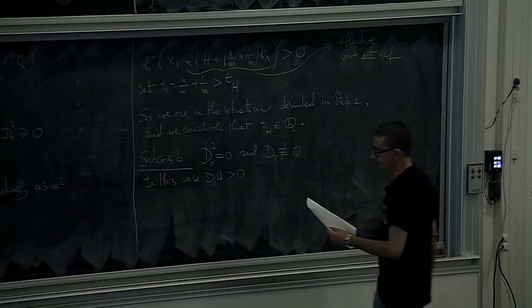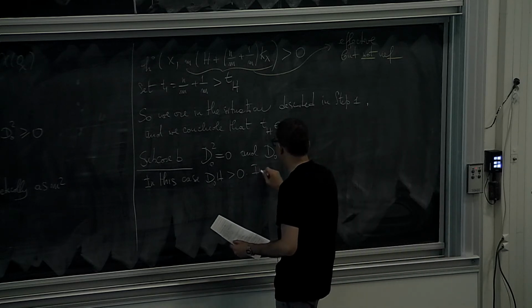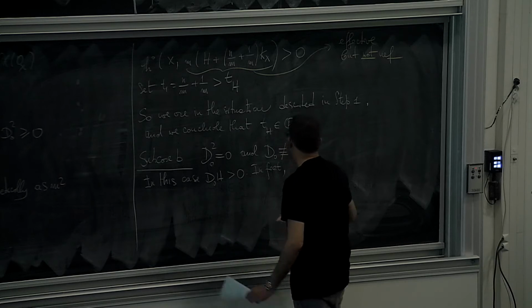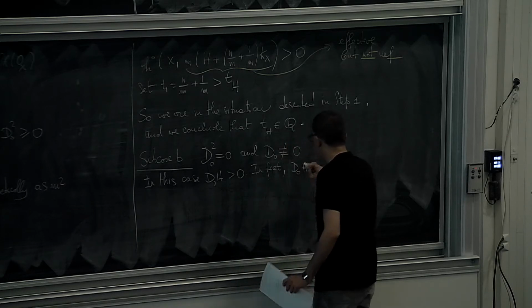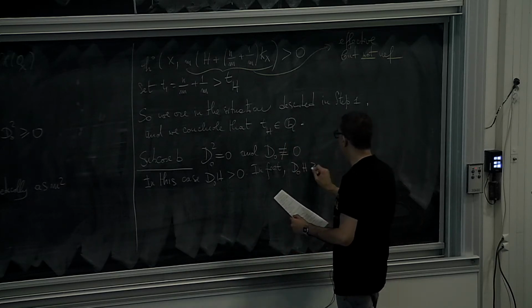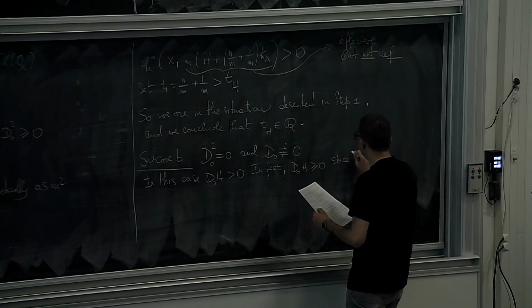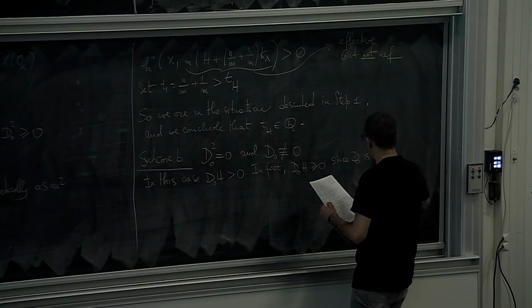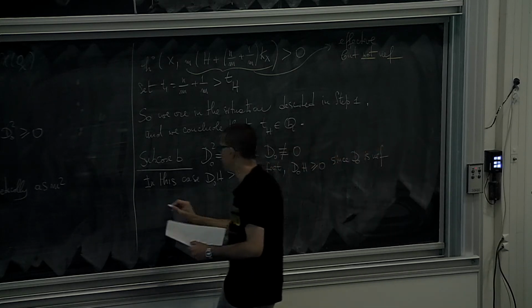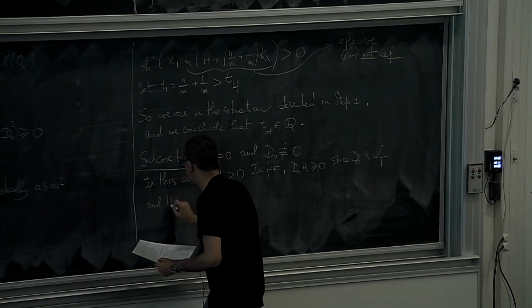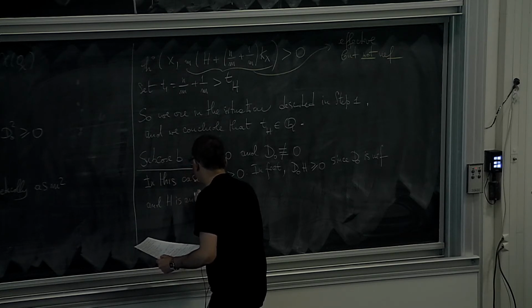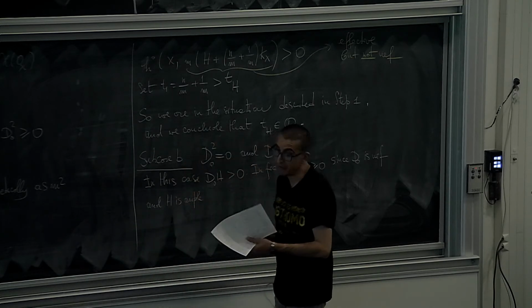In fact, d0h must be at least 0 since d0 is nef and h is ample, and so a multiple of h is effective.